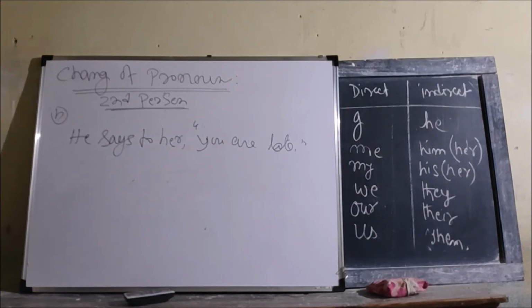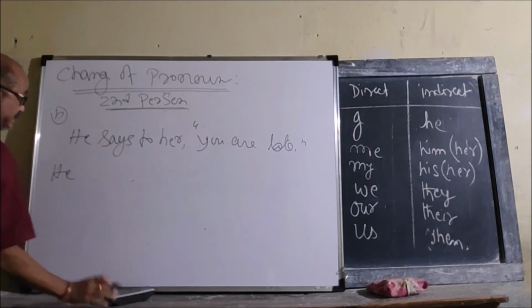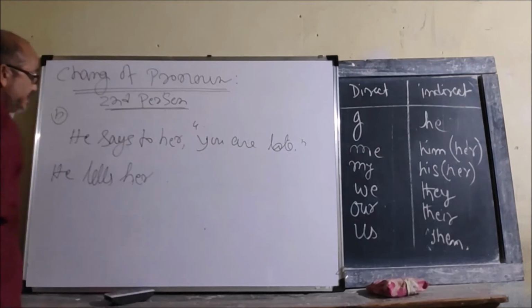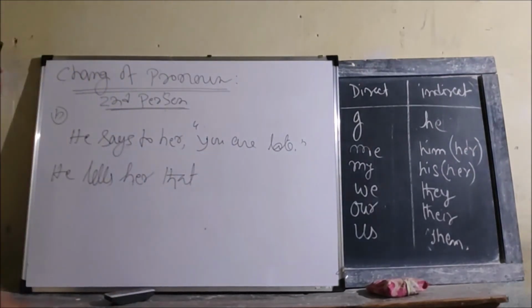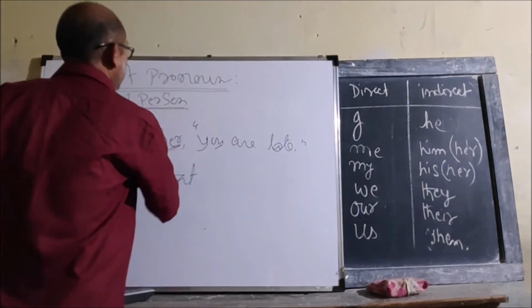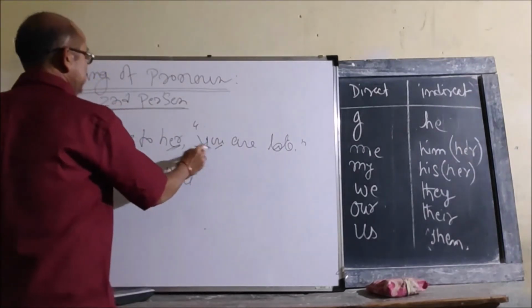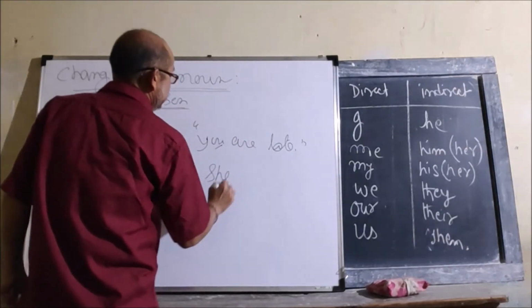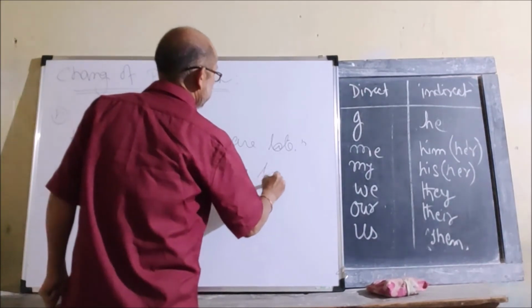Here you see, he tells her that you refers to her. It is the object, so "her" is converted into the subject, "she". She is late.